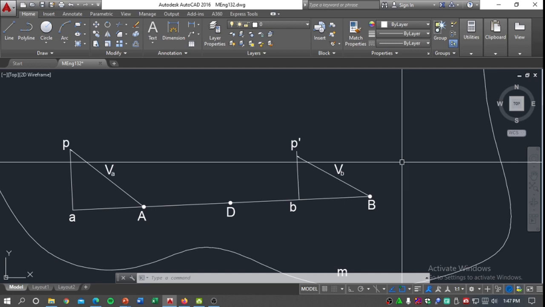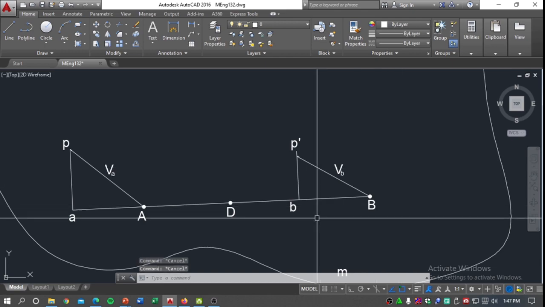Right. So what are we gonna do next? Is to obtain the velocity vector and the velocity of point D. Just like what we've done with the previous example, we simply have to get the components of the velocity vector for D by projecting a line that is equal to the length of AA or BB.